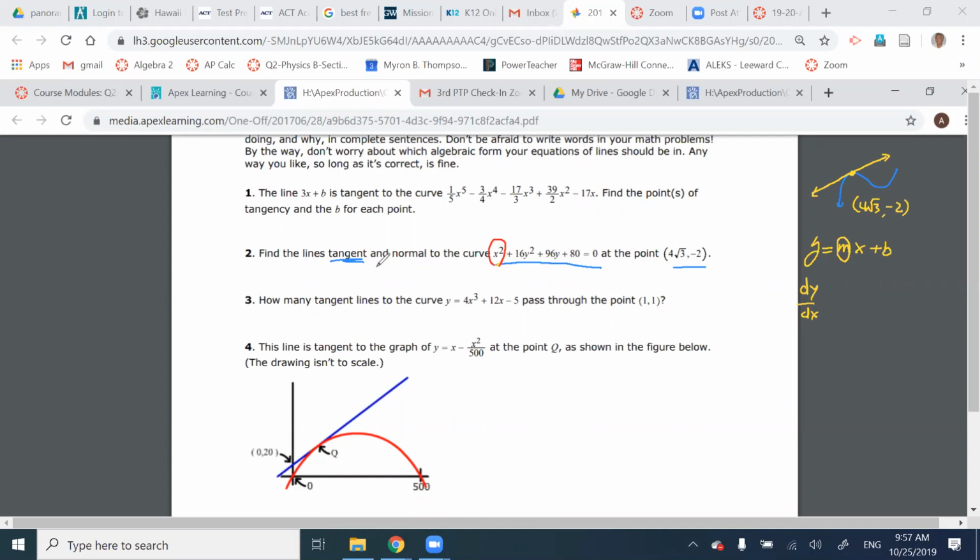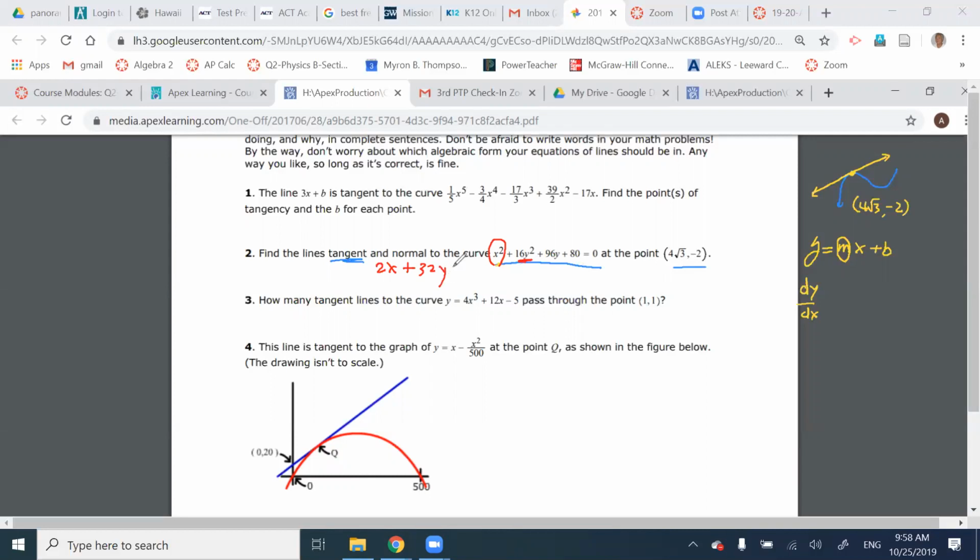Derivative, it will be what? 2x. And the dx is 1, never mind, no problem. Okay. This part now, what do you got? Zoe. That's 32, right? And then?